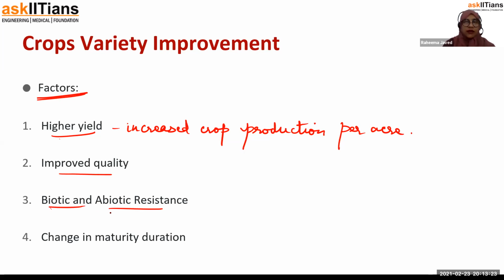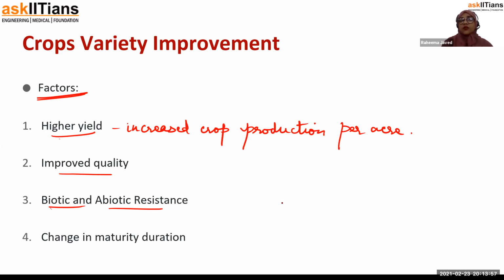There is biotic and abiotic resistance also. So these are the stresses. The biotic stresses include insects, nematodes, and basically any kind of disease which reduces the crop production. Abiotic stresses include heat, cold, frost, drought, salinity, waterlogged soil. All these abiotic factors can reduce the crop production.